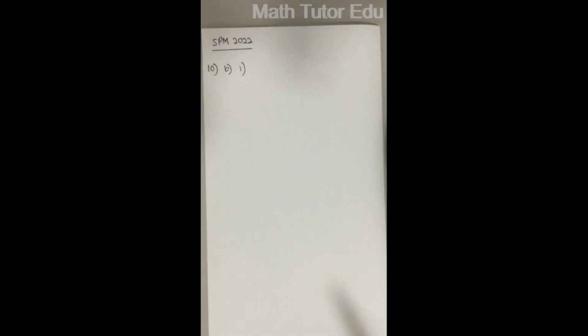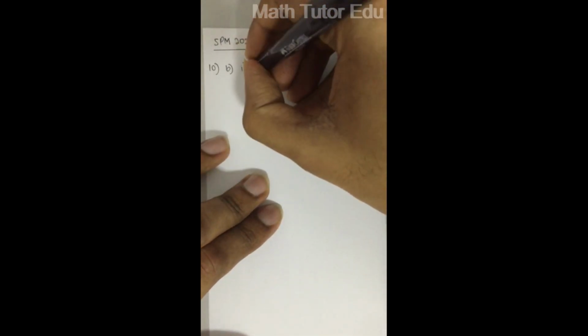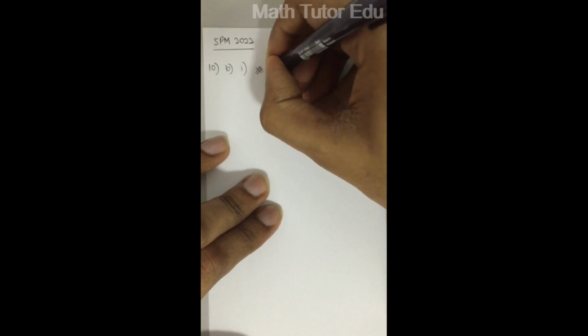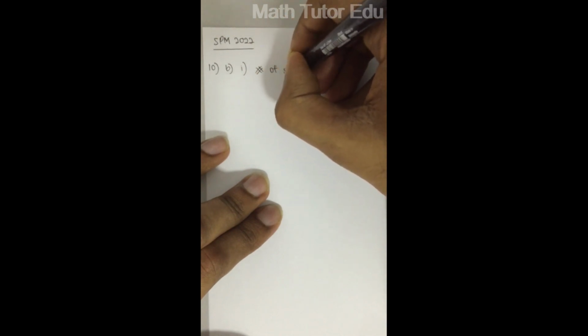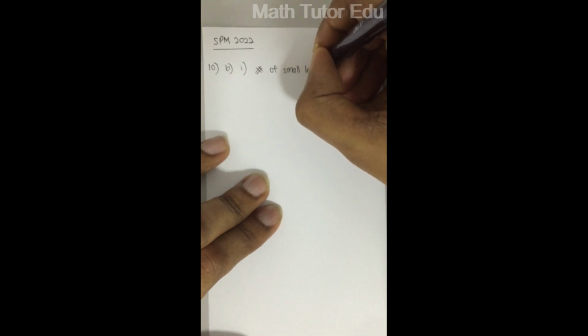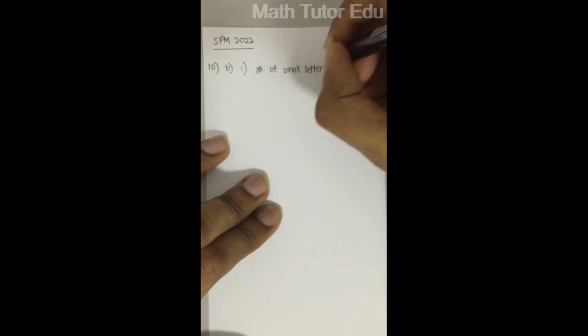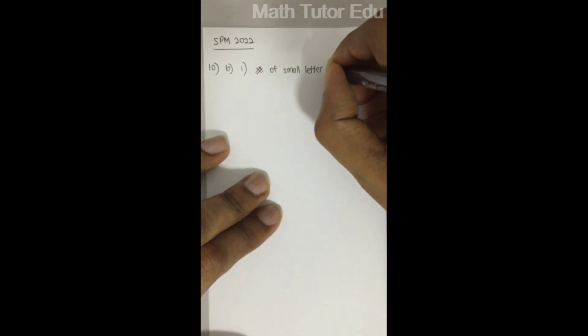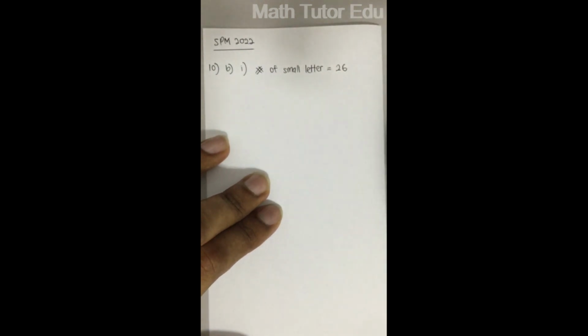Let us begin. We need to know the number of small letters. This is very simple. You just need to count A until Z. So A, B, C, D up until Z, you'll have 26 letters, all of the small letters.